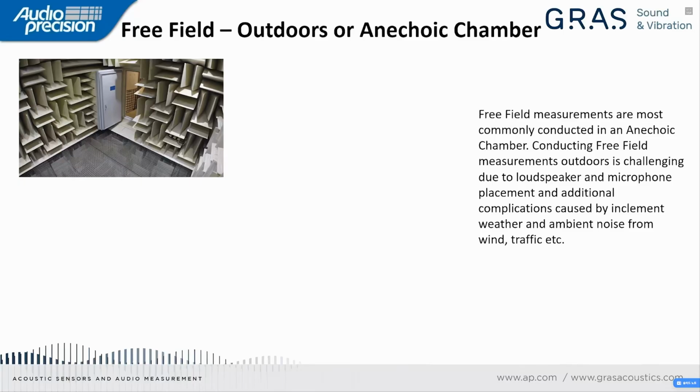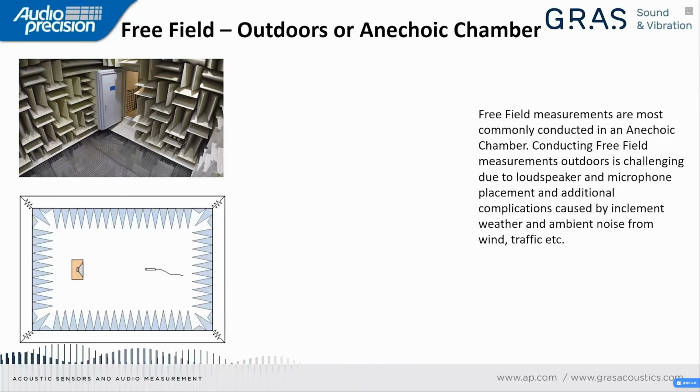An anechoic chamber is a special room lined with highly absorptive material on its interior surfaces, walls, ceiling, floor and doors, as shown in the image. To improve absorption at lower frequencies, the material is formed into wedges with the wedge tips facing into the room.